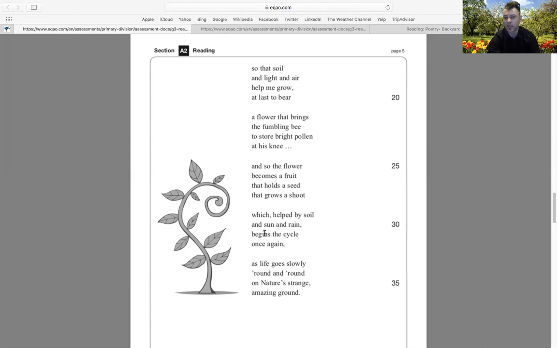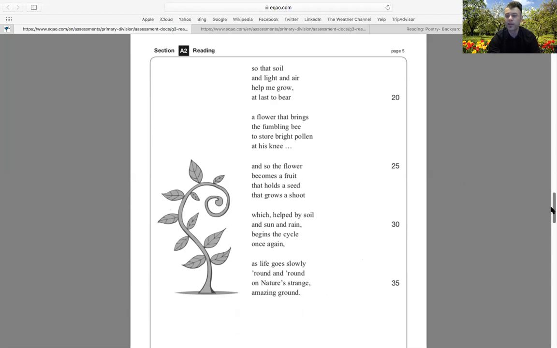It talks about the cycle of the sun and the rain and the light, and at the end it reinforces what the title is talking about. Life goes slowly round and round, it cycles, and the setting is again on nature's strange, amazing ground.